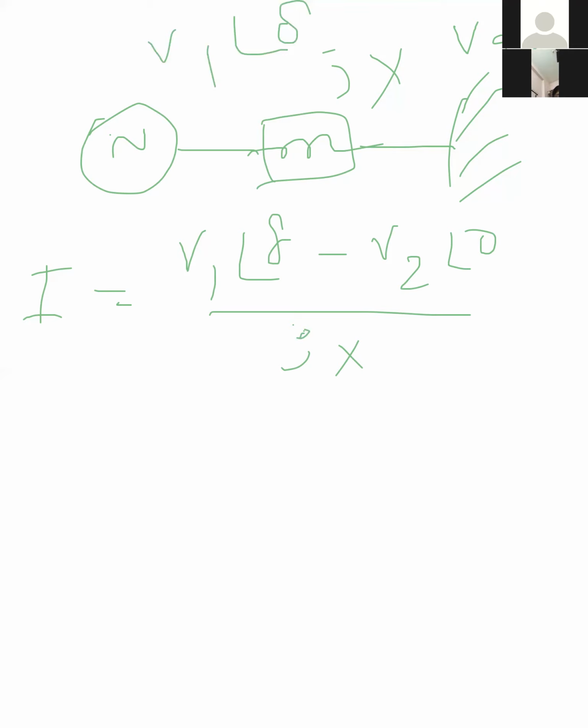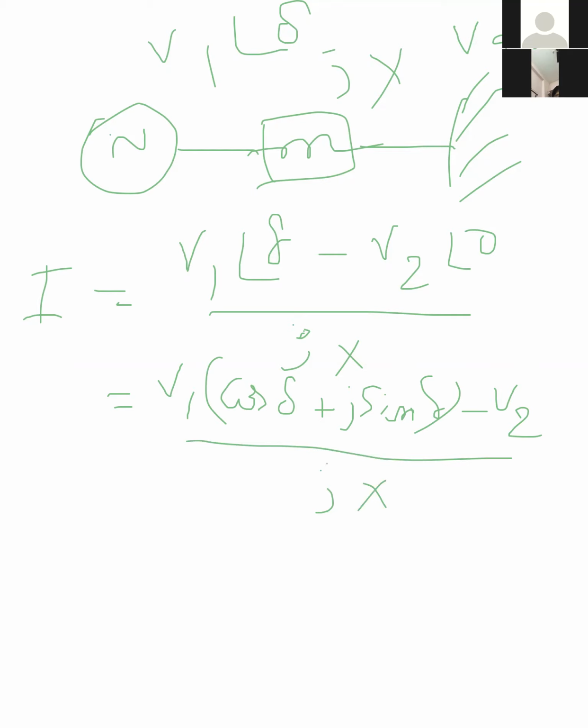We convert the polar form at an angle delta into cos delta plus j sin delta. So this is simply V1 (cos delta plus j sin delta) minus V2 (cos 0 plus j sin 0, where sin 0 is 0), divided by jX.